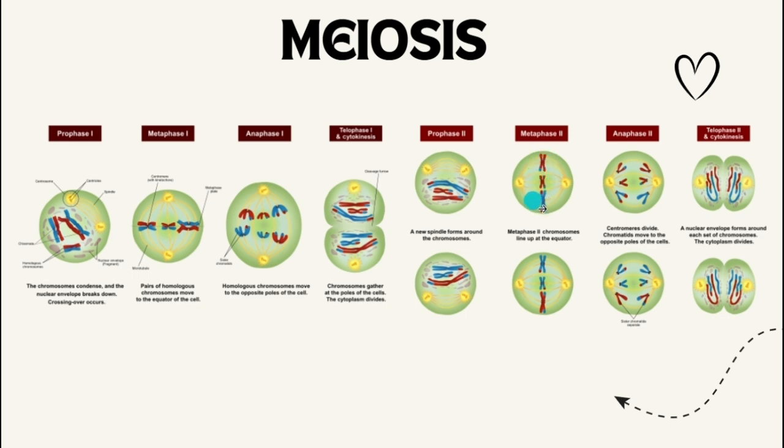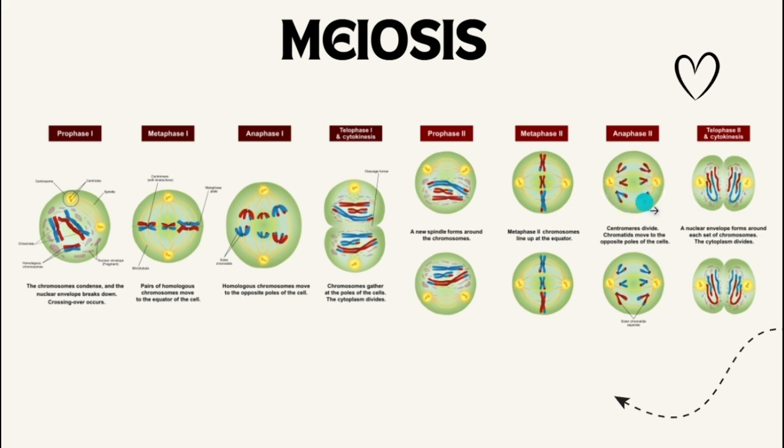In metaphase 2, chromosomes line up at the equator. In metaphase 1, we had homologous pairs, tetrads, lining up: 4 chromatids, 2 chromosomes. Here we have 2 chromatids and 1 chromosome lining up at the equator, and as you can see, in metaphase 2 they line up more vertically.